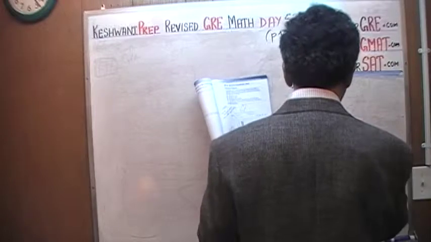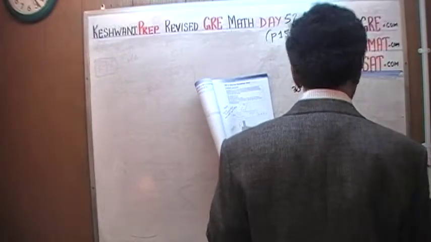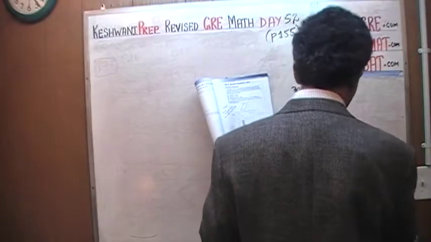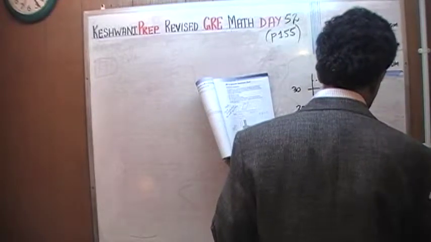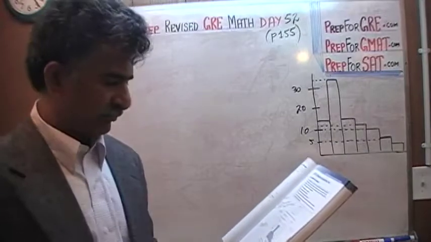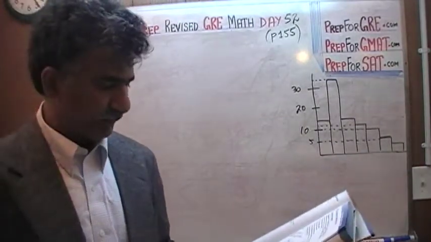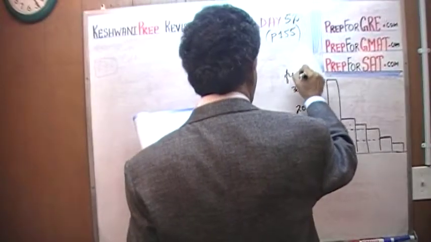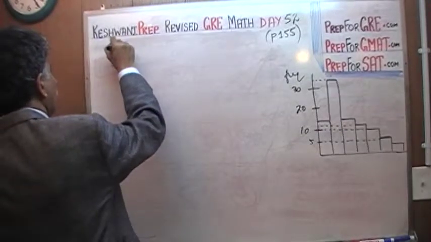Then we have 10, and then we have 5, and then we have the last one. What do you know? We squeezed right in. And since you have the book in front of you, I'm not going to write all the details here, and these are the frequencies. So we have 95 observations.